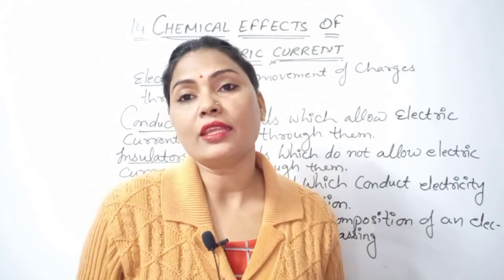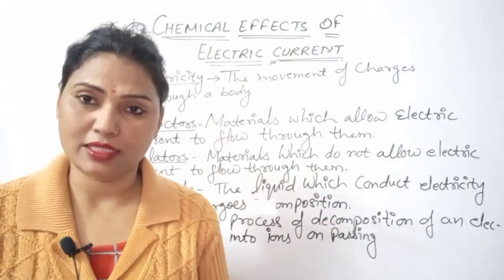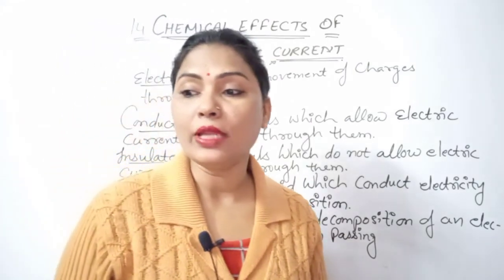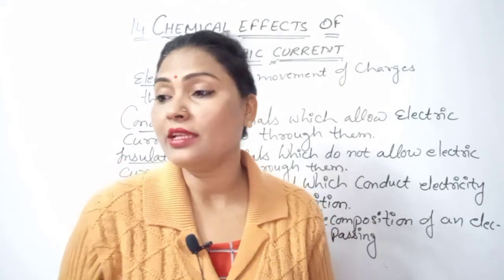तो लूज और गेन करके जो बनते हैं, सो दैट आर नोन एज आयंस. कोई भी एटम है या मॉलिक्यूल है, जब इलेक्ट्रिक करंट पास होगा तो वो लूजिंग और गेनिंग द इलेक्ट्रॉन्स से बनेगा.